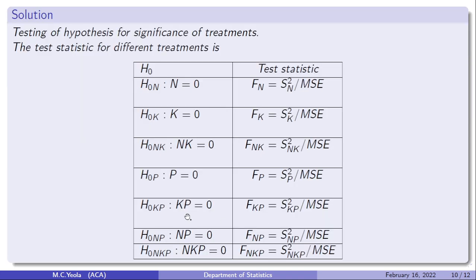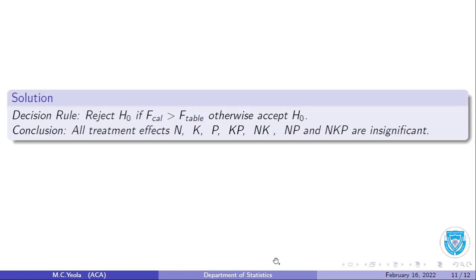Similarly, for the different treatments we have the test statistics, and these are the hypotheses H naught N for N equal to 0, K equal to 0, and so on, for all the treatment combinations. These are the hypotheses and the test statistics, and just now we have seen in the ANOVA table that all the hypotheses get accepted.